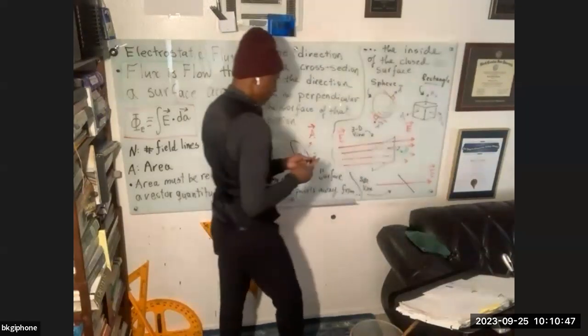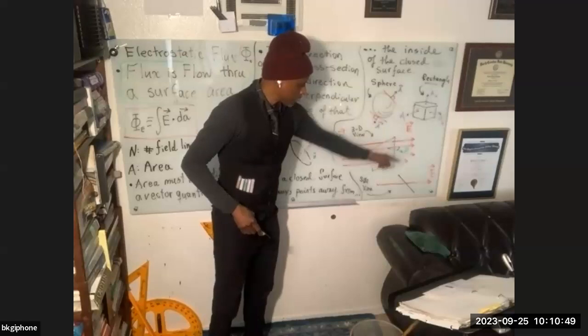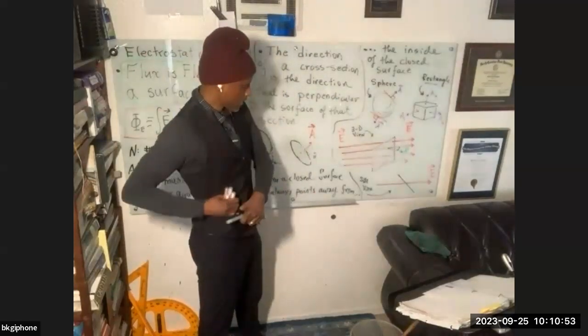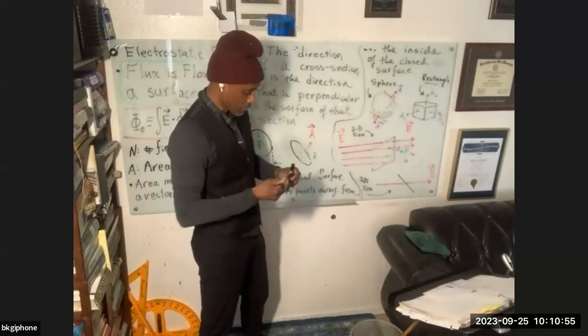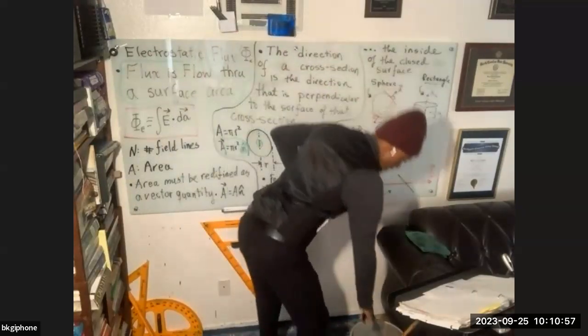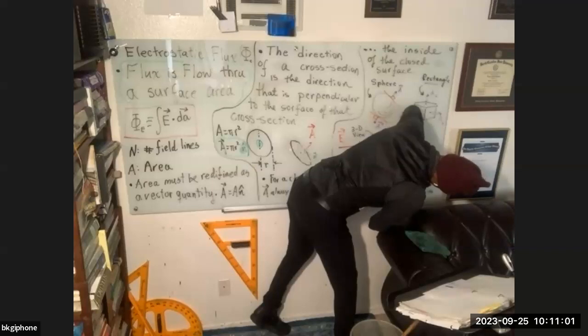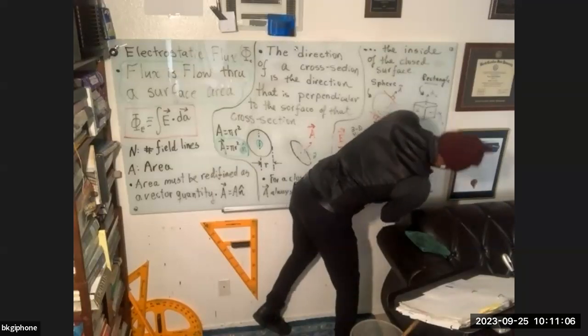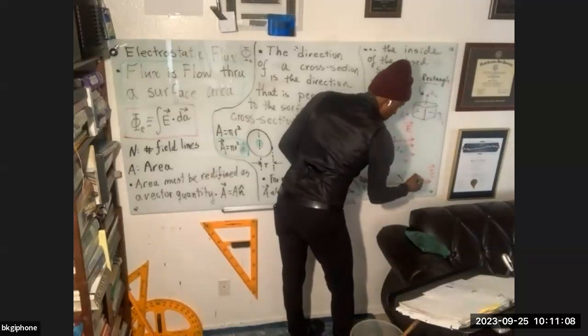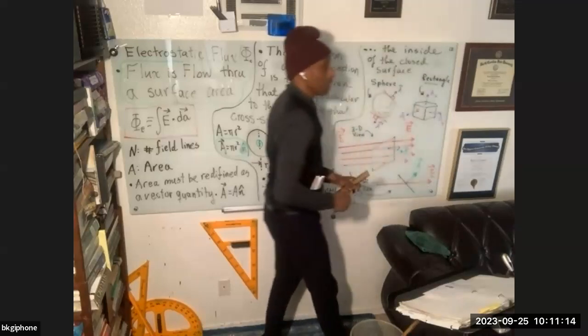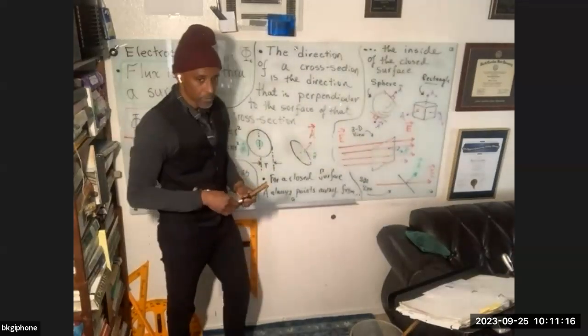From the side view, this area vector, the green vector there, is going to point up, it's got to be perpendicular to the surface, right? So that guy looks like this. That's A.